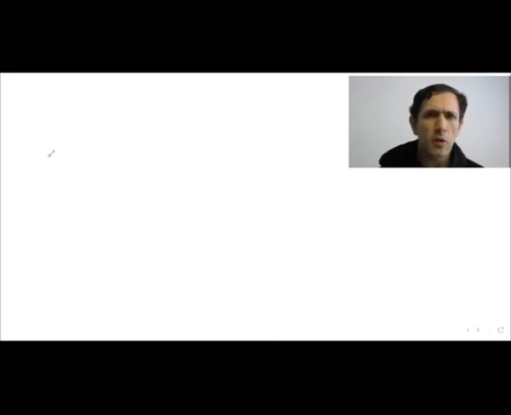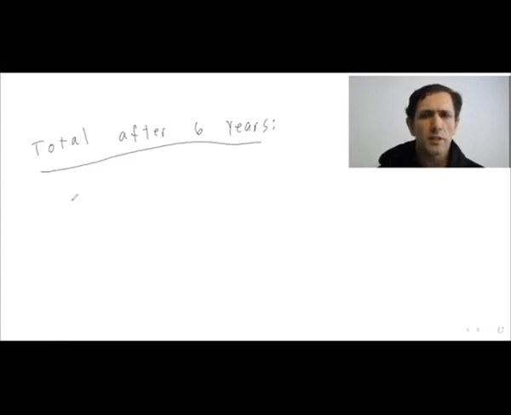So the grand total from both these deposits is intuitively just a of 6. We're seeing what the 500 did after 6 years, and then we're seeing what the 1,000 does after 3 years. Add it all up.